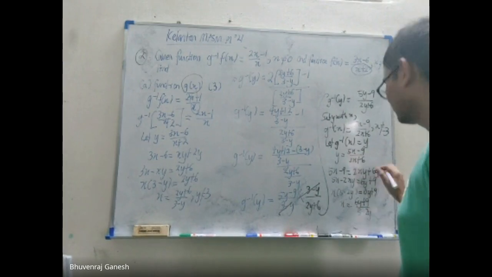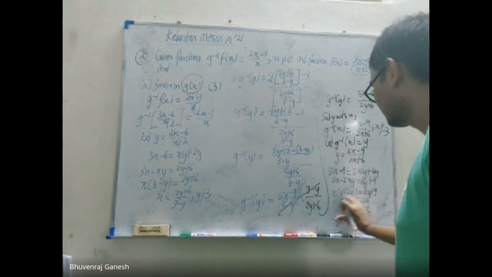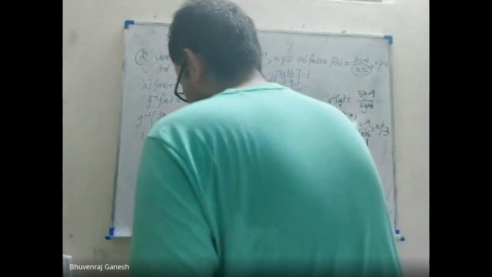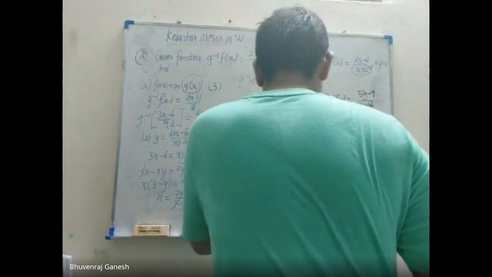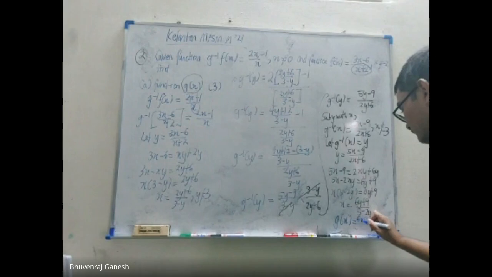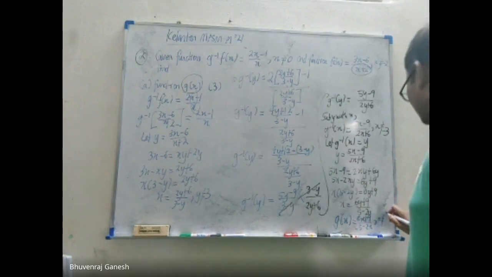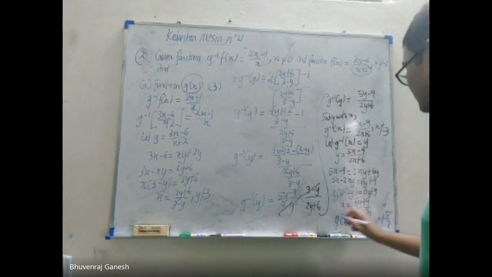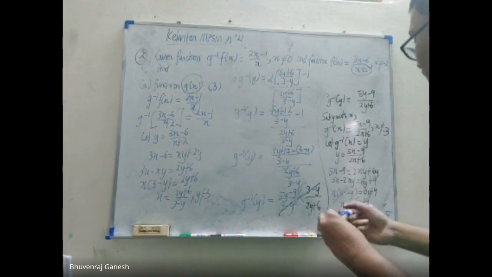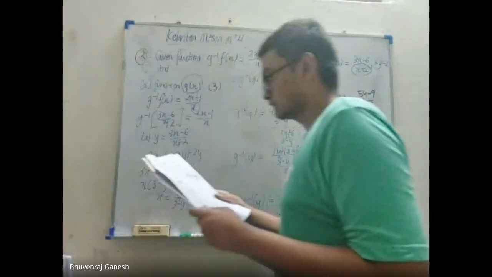When you write back gx, make sure you substitute the y with x again. So there's a lot of substitution going on, so be careful. With the condition that x cannot be 5 over 2. So that's your answer done. Very long working, but you will eventually get there.